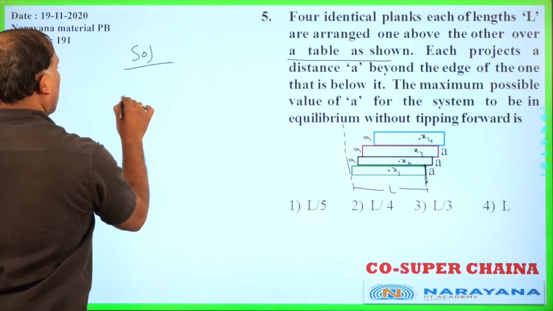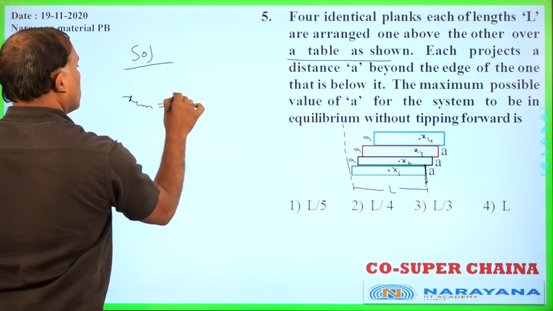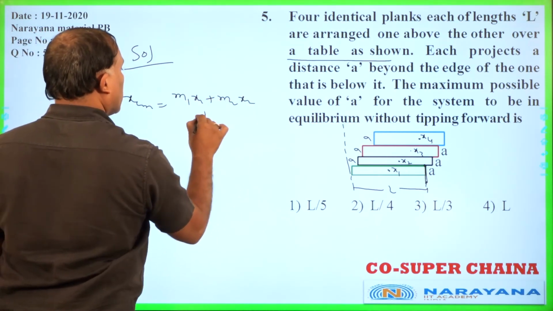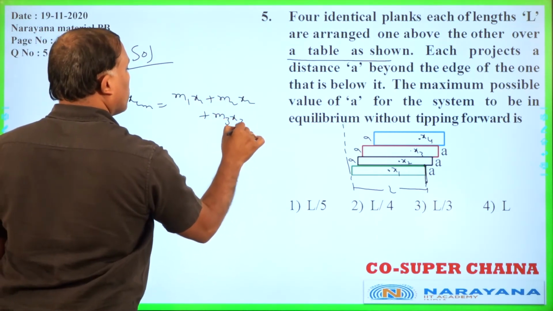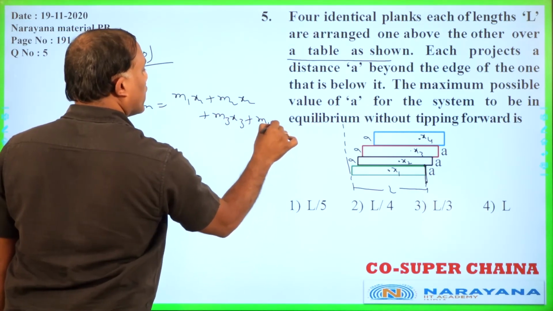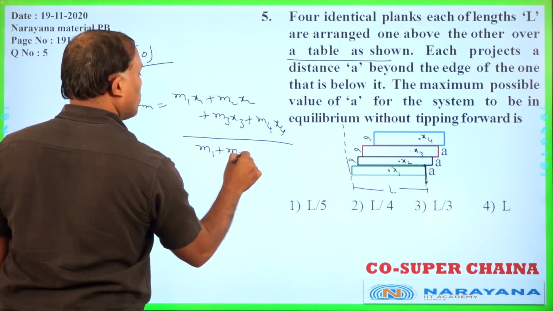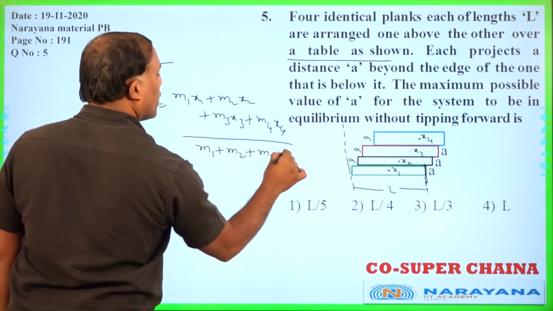Solution: xcm is equal to m1 x1 plus m2 x2 plus m3 x3 plus m4 x4 by m1 plus m2 plus m3 plus m4.